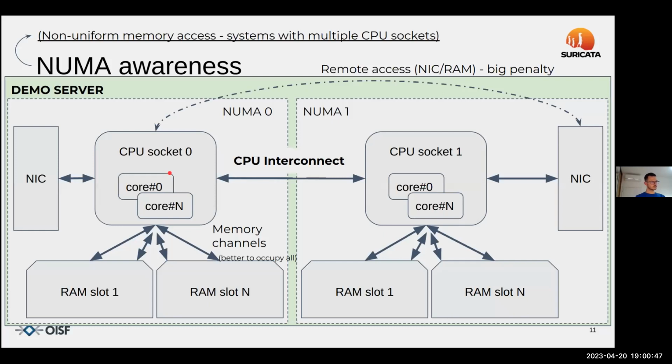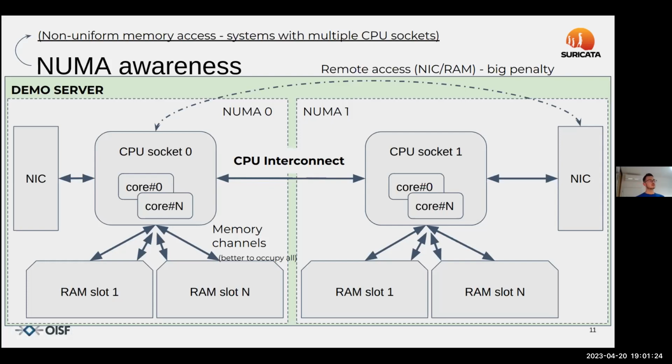So my cores on CPU socket 0 are, not the odd, but I think the even numbers. The same applies to memory. When you start your application on one NUMA node, it essentially wants to allocate all its memory on memory slots that are on the same NUMA node.